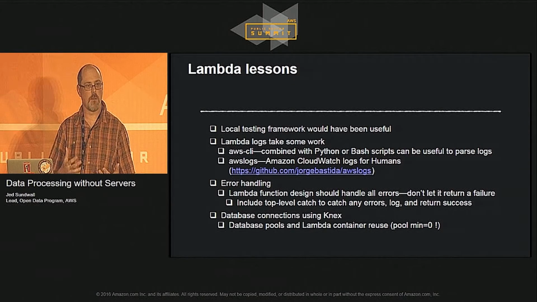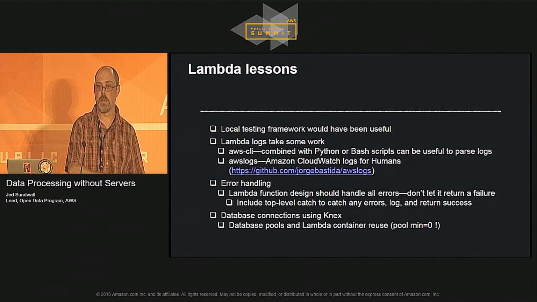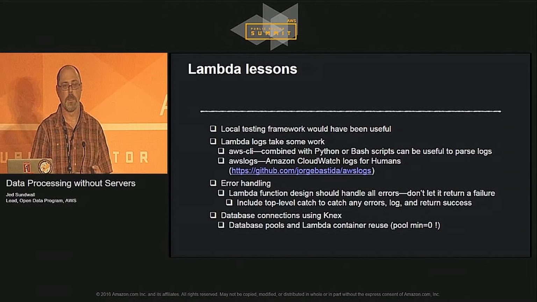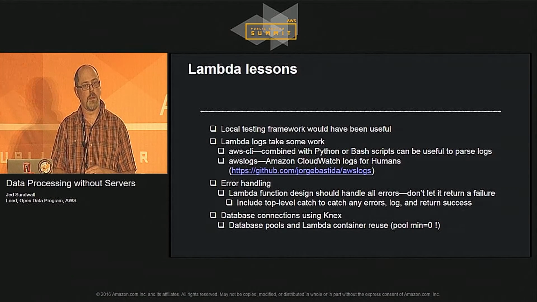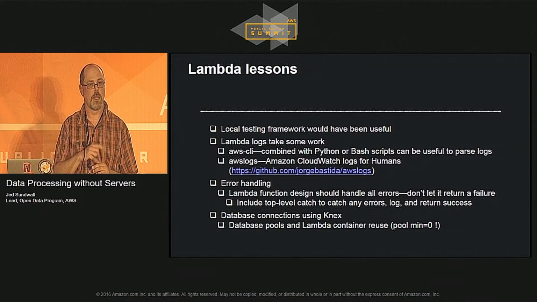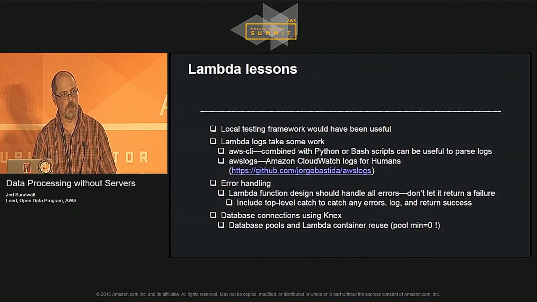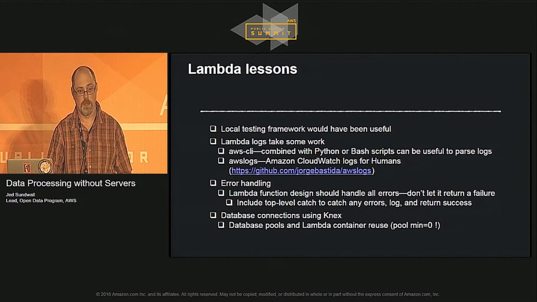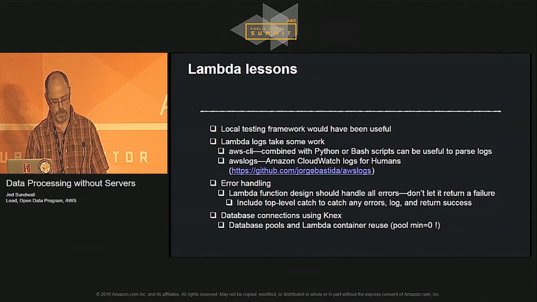That's something you can get away with in other systems, but with Lambda, especially with a Kinesis stream, if your Lambda function errors out, it'll restart on the same event, and it'll do that over and over and over again until your data expires 24 hours later, or 7 days later if you pay for the 7-day retention of your data.